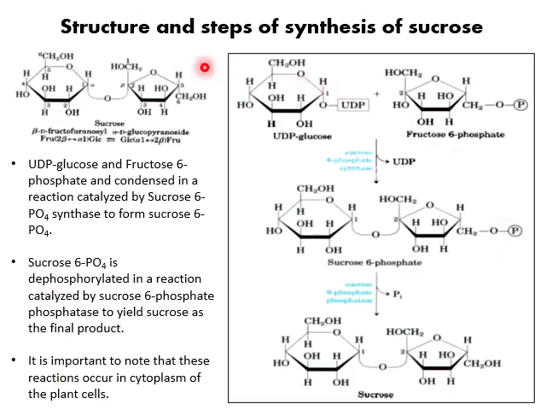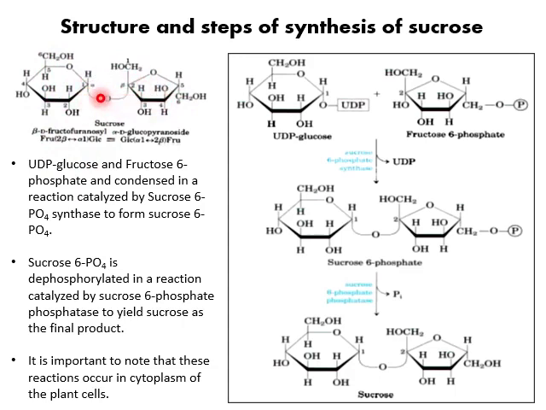Here are the simplified steps of sucrose synthesis in plants. Now you can see this is the structure we have already seen in the previous slide, and it is made up of this glucose molecule, which is a 6 carbon sugar, and the fructose molecule, which is also a 6 carbon sugar.